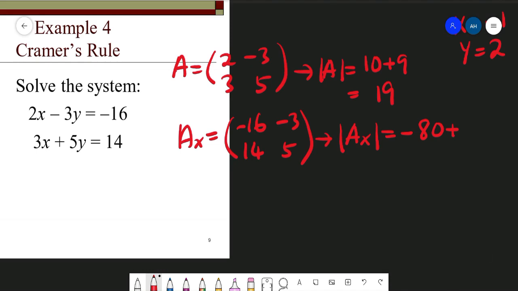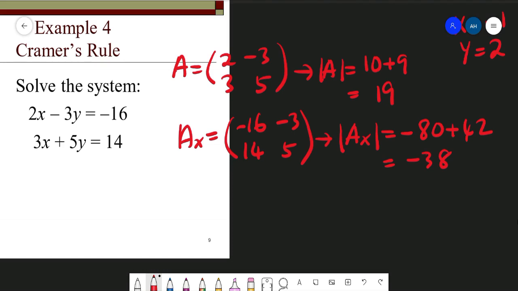Now plus 14 times 3, that is 42. What is negative 80 plus 42? It becomes negative 38. That's the determinant of Ax.